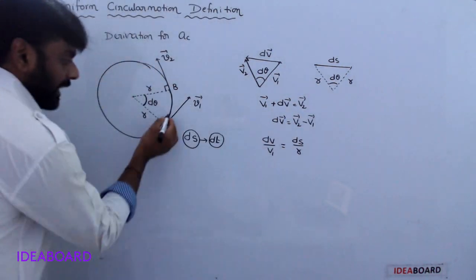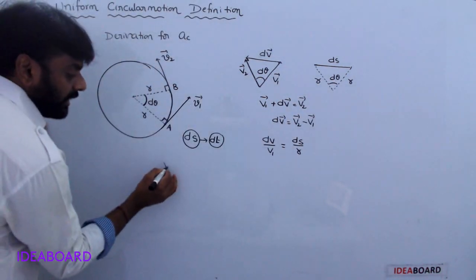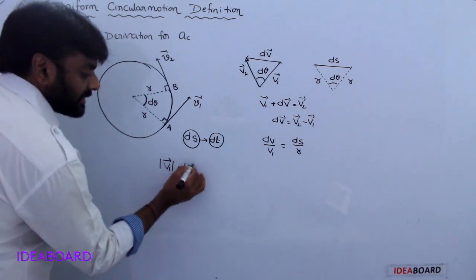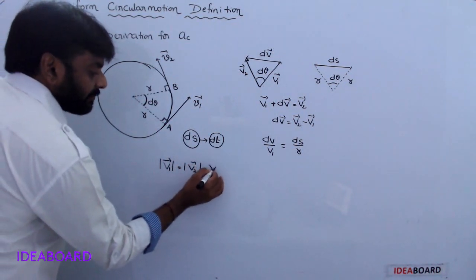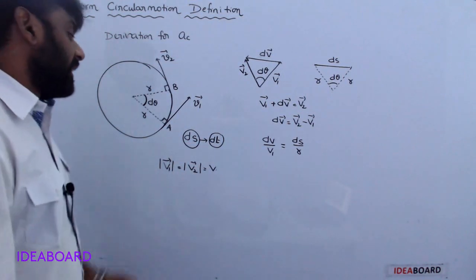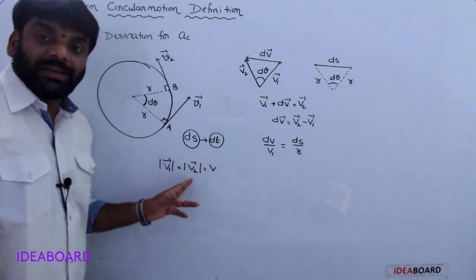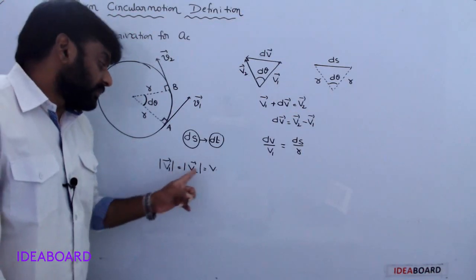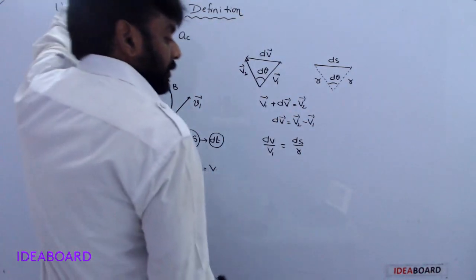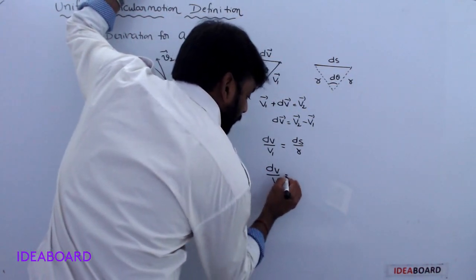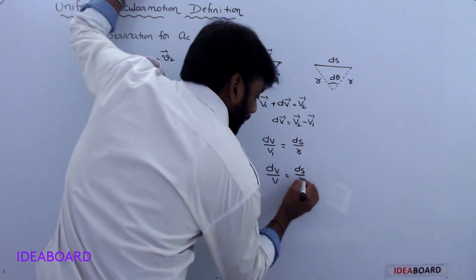You already know uniform circular motion: the magnitudes of the velocities are the same, so that is equal to v. You write dv by v is equal to ds by r.